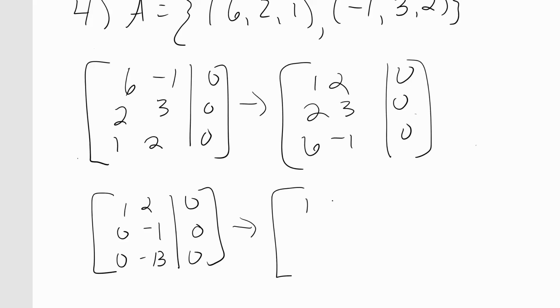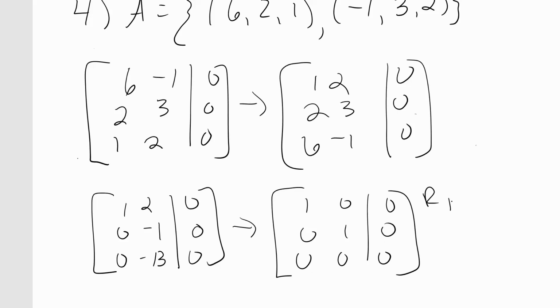Which I can make [1, 0, 0] over [0, 1, 0] over [0, 0, 0]. Here I did row 1 plus 2 row 2. Here I did negative row 2. Here I did row 3 minus 13 row 2.